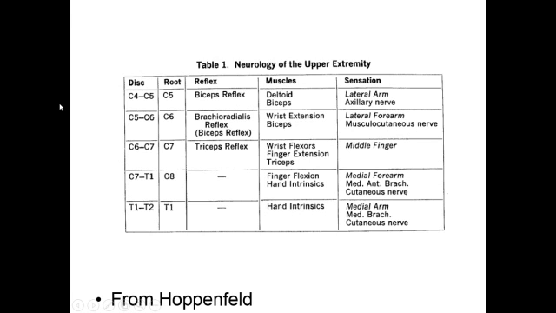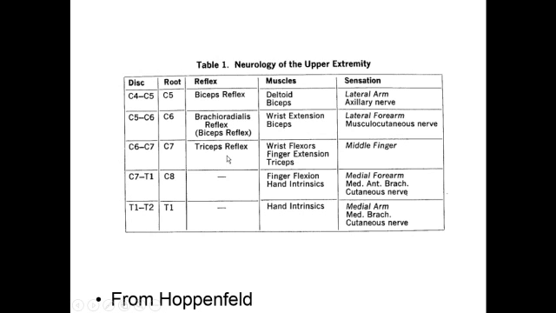So you can see the same for C6. I just want you to focus on wrist extension. We'll leave the biceps up with C5. Lateral forearm is where the dermatome is, and then there is a brachioradialis reflex.